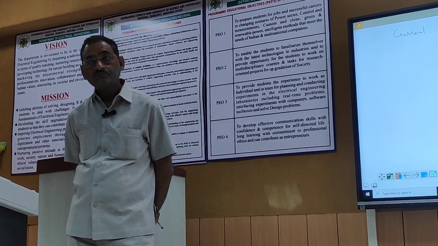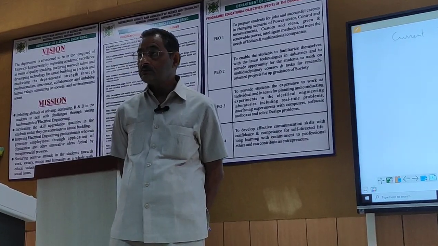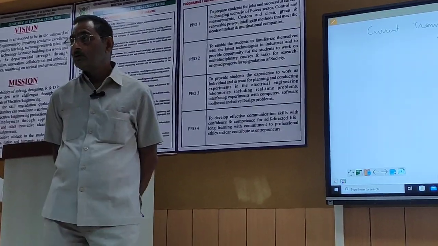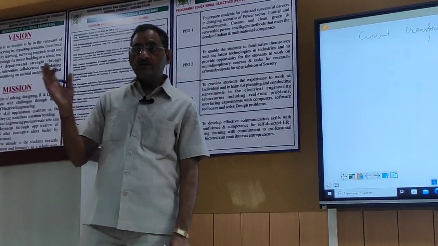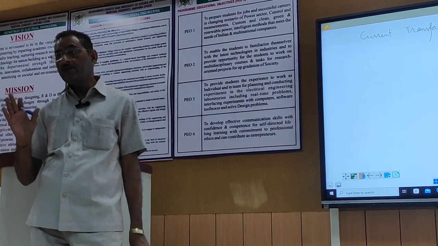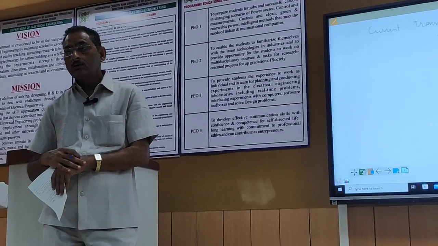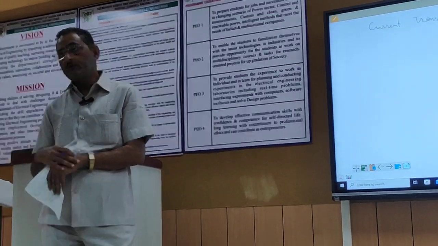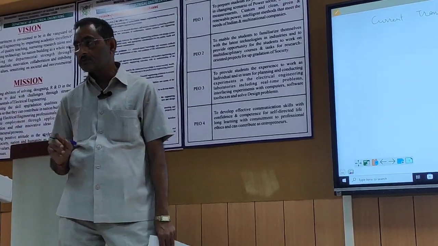And how it is used for the measurement purpose, the principle is the same. Primary side is there, secondary side is there, the equivalent circuit is the same, only the application is different. Another thing is the rating of the transformer is very small as compared to the power transformer, because the load is not flowing into these transformers.